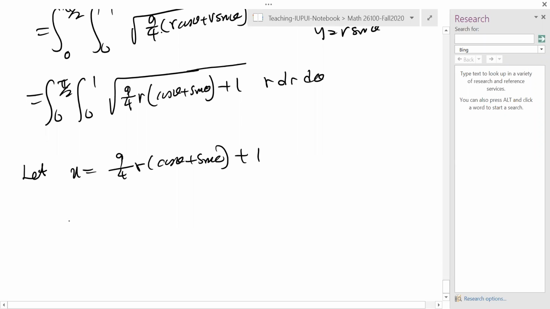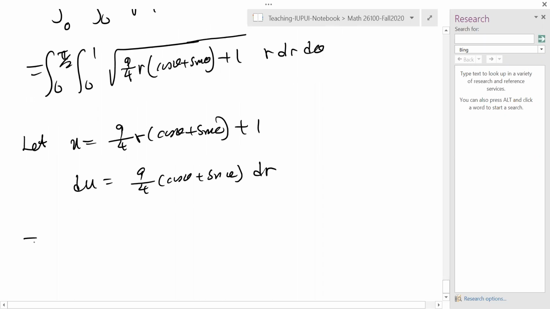So du equals 9 over 4 (cosine theta plus sine theta) dr. Not too bad, right? I'm not sure I can evaluate it. So let's double check. Is this the right problem? It's about surface integral. Yes.